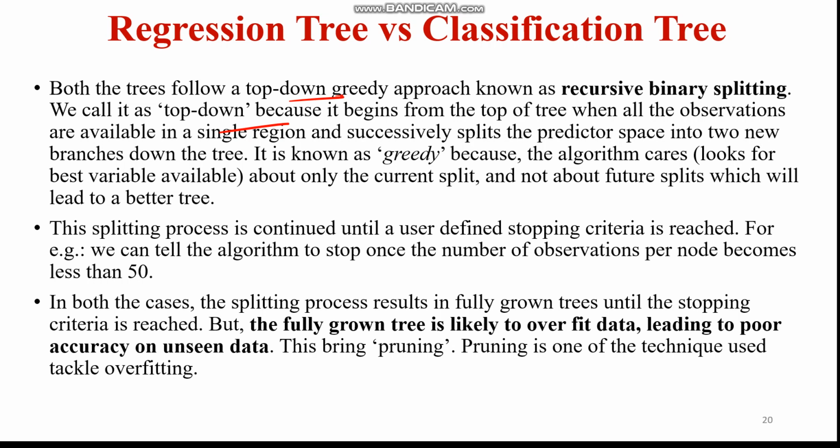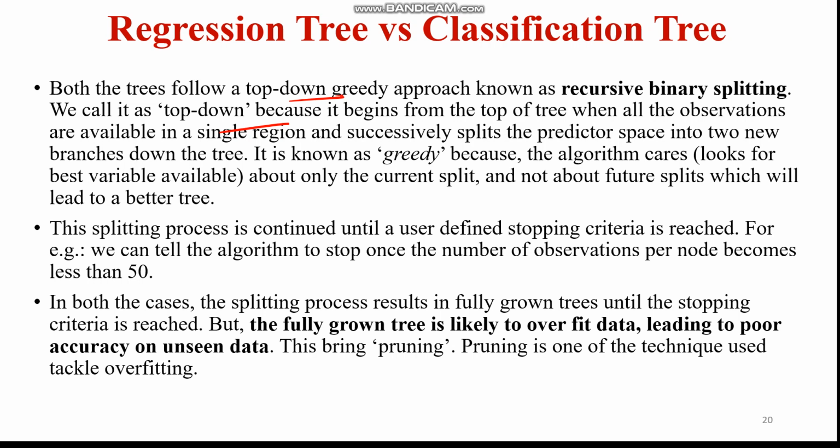It is known as greedy because the algorithm looks for the best variable, which is the variable with the highest information gain, considering only the current split and not the further splits, because for each subtree we have to go with a new split. The splitting process continues until a user-defined stopping criterion is reached. We can tell the algorithm to stop once the number of observations per node becomes less than 50. That can be used as a baseline or threshold value.